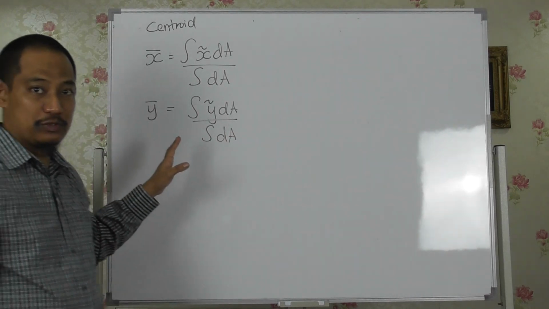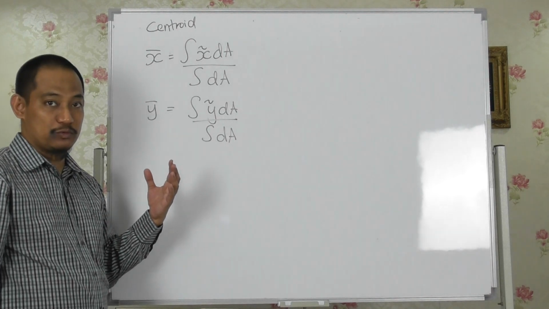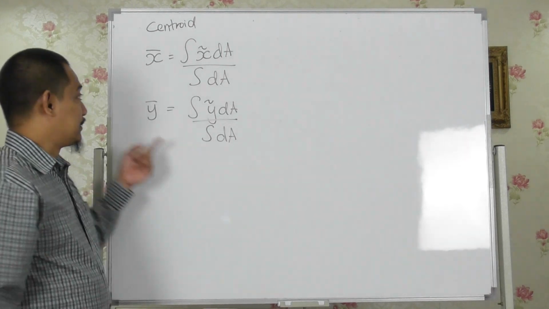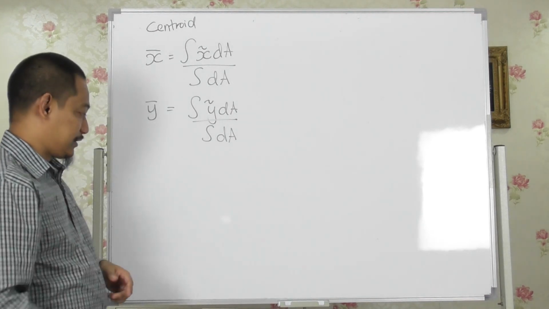Right, so these are the two equations that you have to know if you need to integrate to compute the centroid. This is to calculate the x coordinate of the centroid, and the y coordinate of the centroid.